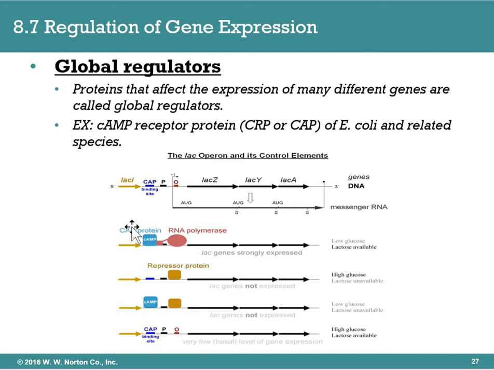So that's what you see right here. The CAP protein right here, and then the repressor protein. So with the repressor protein, what it does is that it kind of acts like a sensor, sensing whether or not lactose is in the environment. And then what it does is that it normally blocks transcription of the operon.